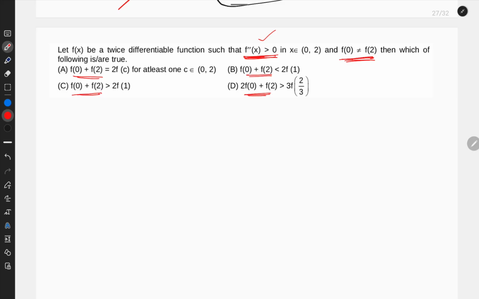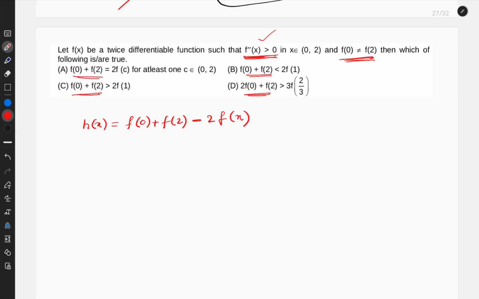So we can start attempting the question by defining a new function h of x as f of 0 plus f of 2 minus 2 f of x.